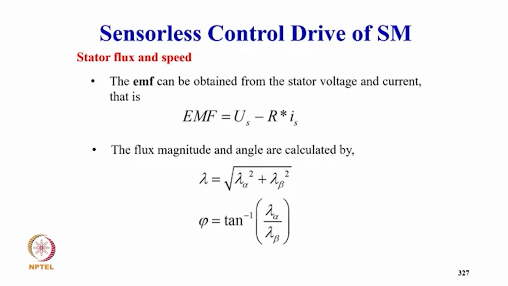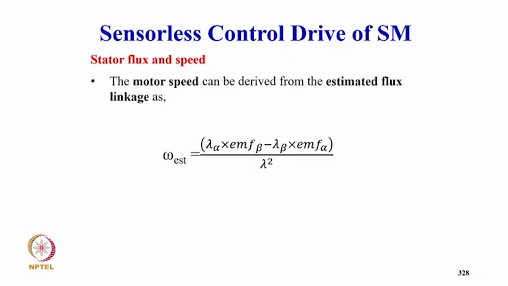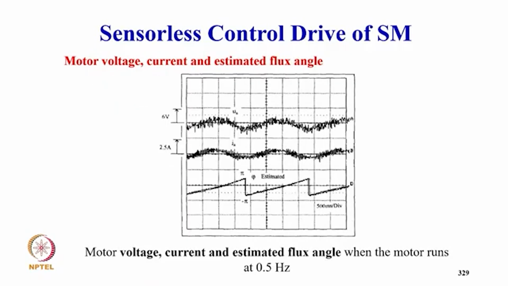So EMF equal to US minus RS IS, and the flux magnitude and angle are calculated: lambda equal to square root of lambda alpha square plus lambda beta square, and phi equal to tan inverse lambda alpha upon lambda beta. And the motor speed can be derived from the estimated flux: omega estimate equal to in bracket lambda alpha into EMF beta minus lambda beta into EMF alpha, divided by lambda square.